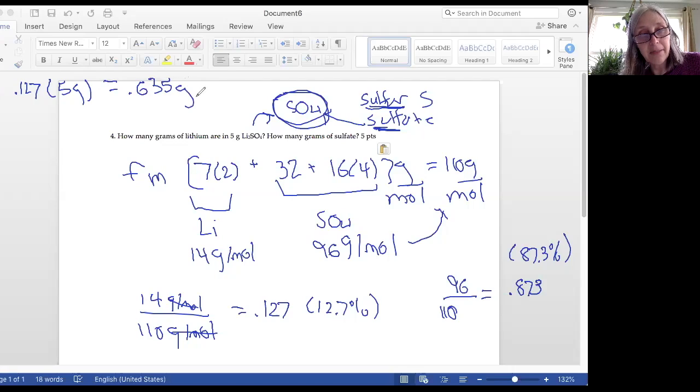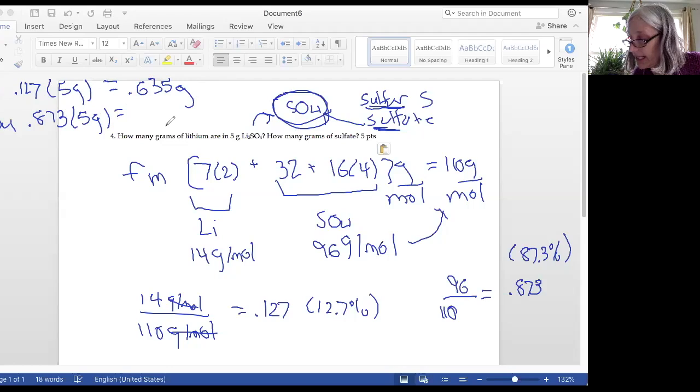That is going to be 0.635 grams. So that's how many grams of lithium we have. And then for the sulfate, we have 0.873 as the fraction of that, and then it's 5 grams. The 5 grams is the total.